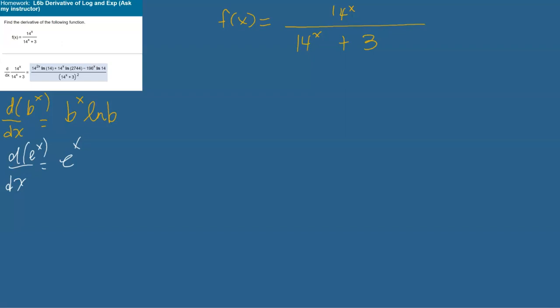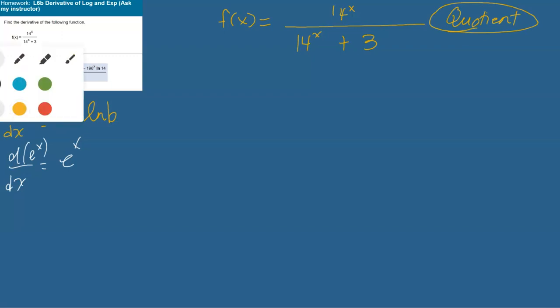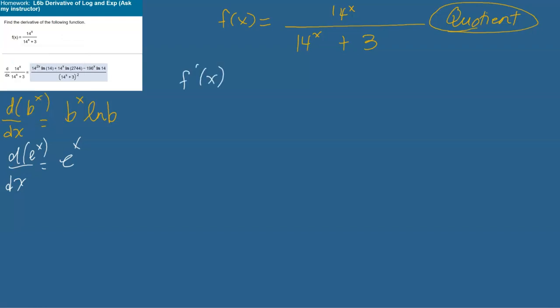Here we can see that this is a quotient, so we would have a quotient rule here. Then f prime of x is equal to, and the quotient rule says on the denominator we would have 14 to the x plus 3 squared, the denominator squared.